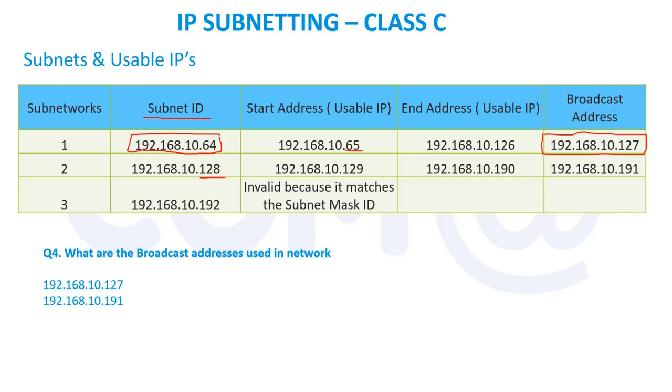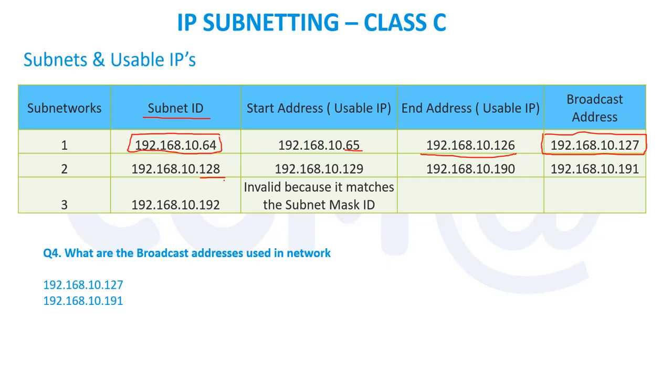Always, before the next subnet ID, whatever IP address is available, it will be the broadcast address. We can directly fill the table. And before that is the last usable IP. So it will be easy for us to fill the table if we go in reverse order. Otherwise, people will get confused with 64 plus 64, 64 plus 63, and they will not be able to remember it.